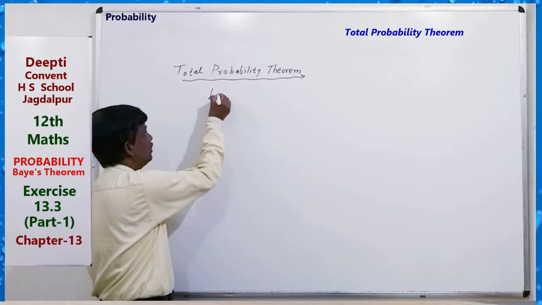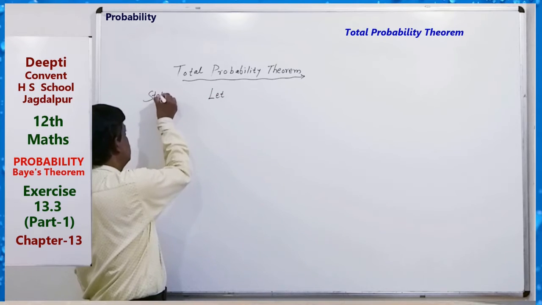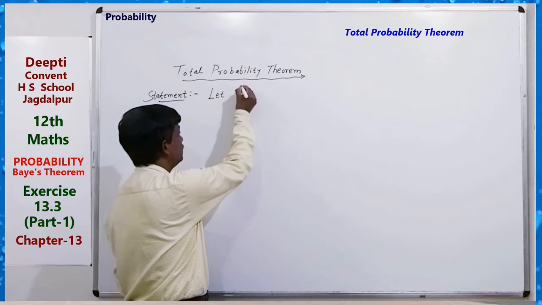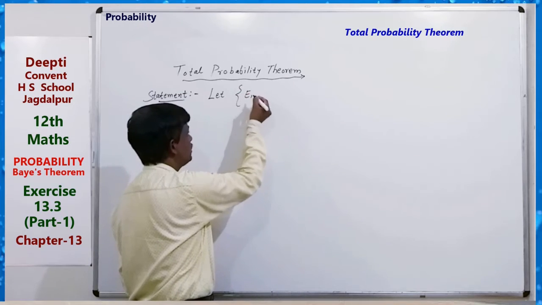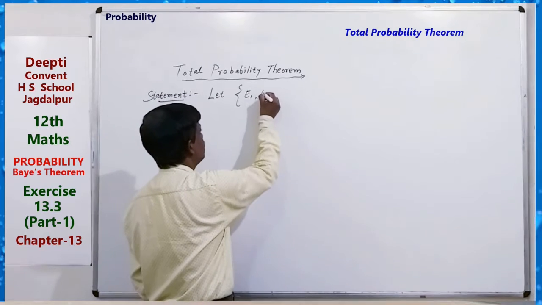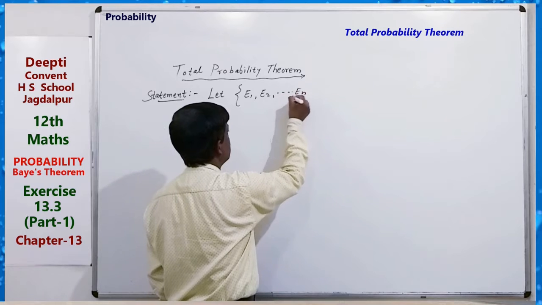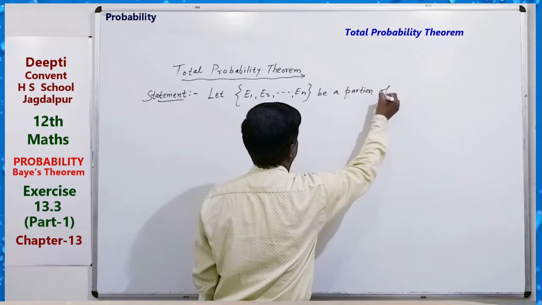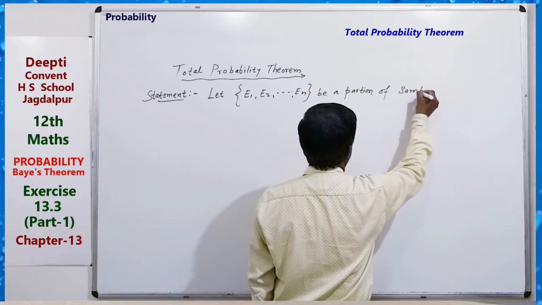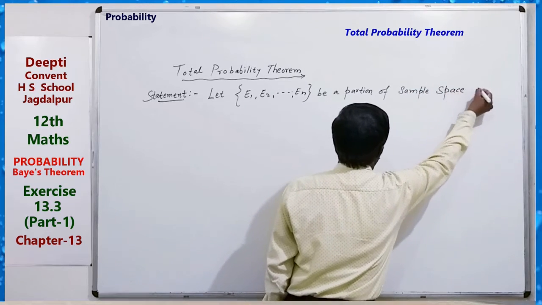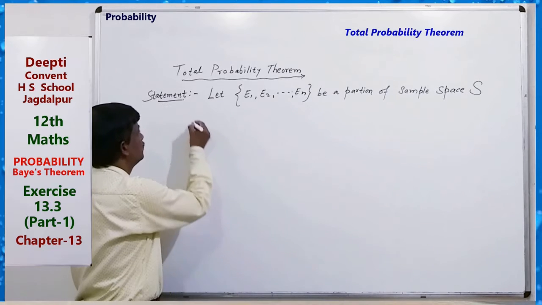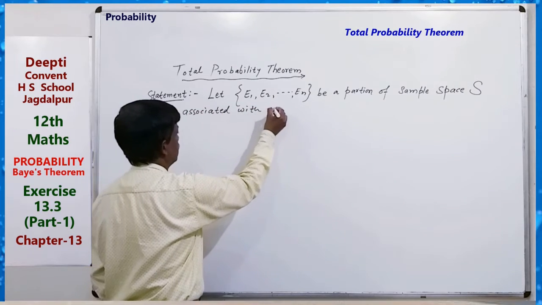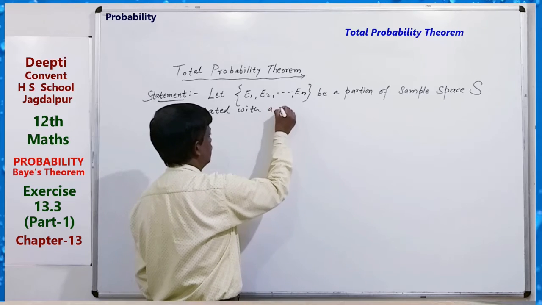The statement is very simple. Let E1, E2, En be a partition of the sample space S associated with a random experiment.